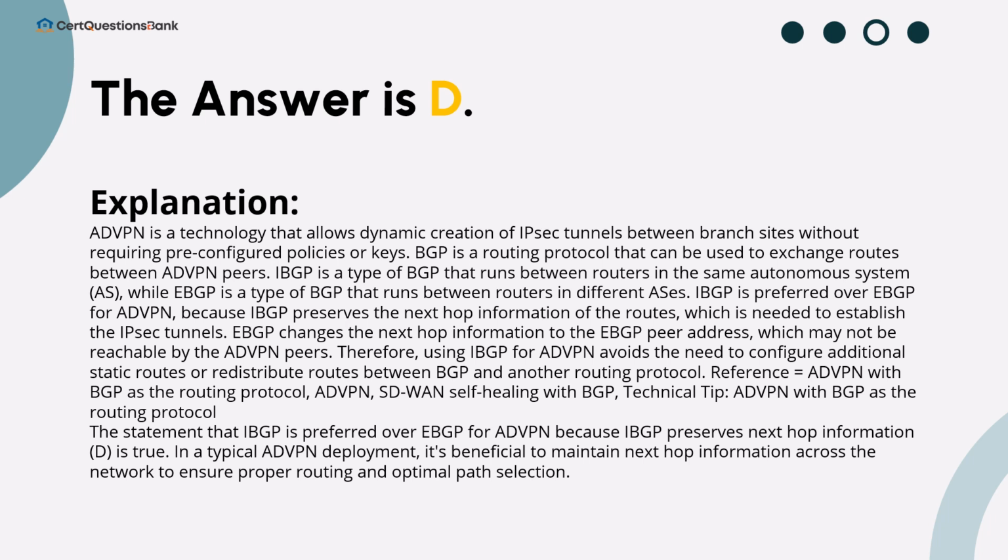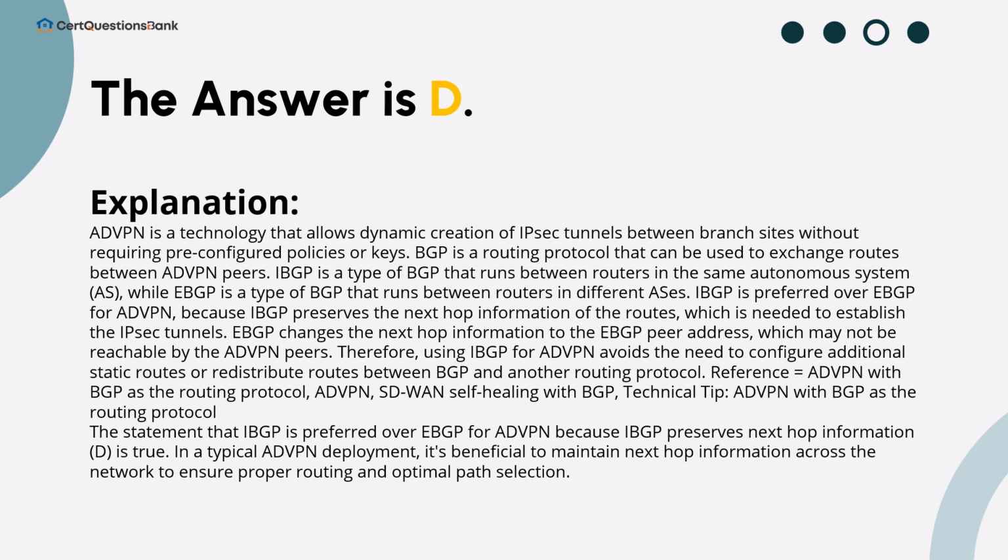ADVPN is a technology that allows dynamic creation of IPsec tunnels between branch sites without requiring pre-configured policies or keys. BGP is a routing protocol that can be used to exchange routes between ADVPN peers. IBGP is a type of BGP that runs between routers in the same autonomous system, while eBGP is a type of BGP that runs between routers in different ASes.